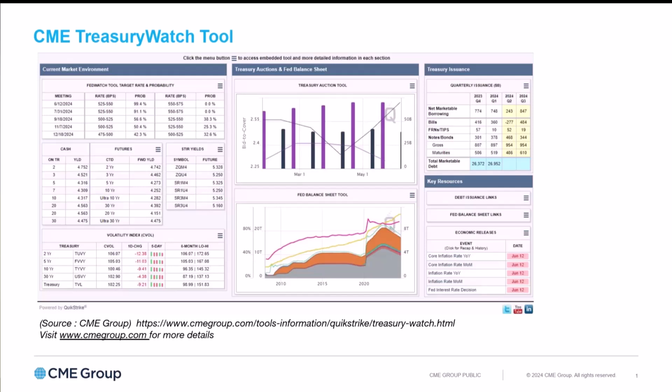We also have a lot of educational material on the cmegroup.com website, which explains the products and talks about the basics of interest rate trading. In addition to these tools, we also have products which are very client relevant. And yield futures, the one you mentioned, is the prime product from a retail trader perspective.